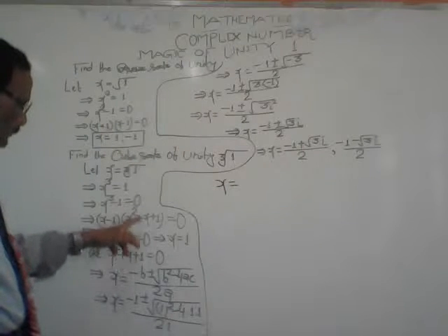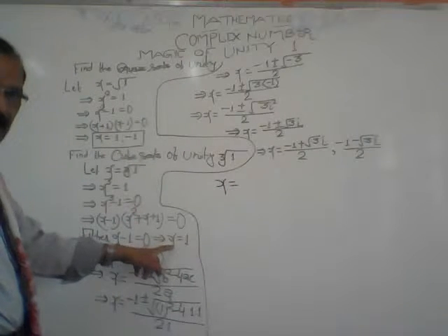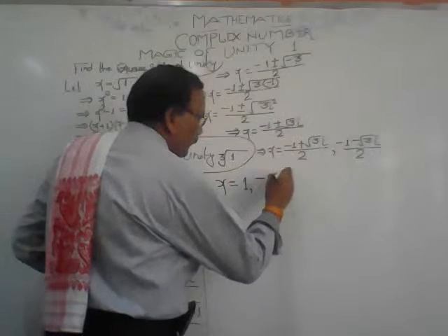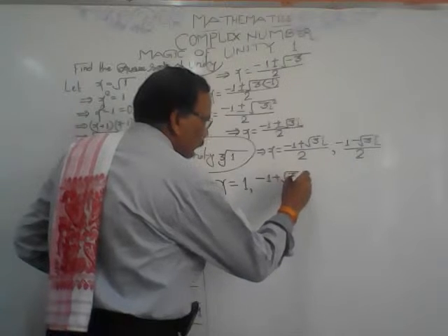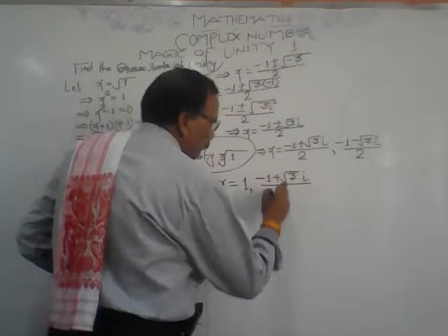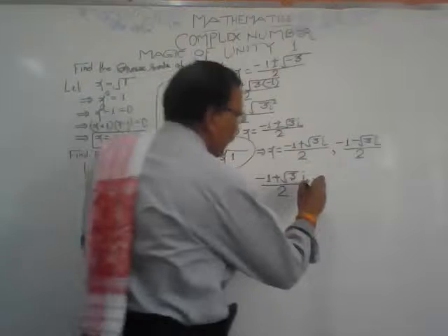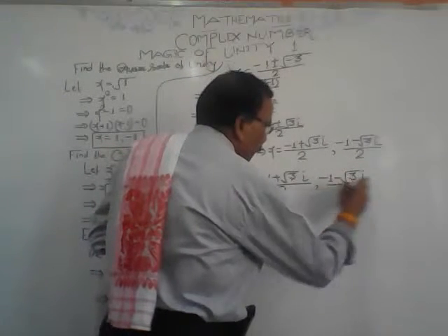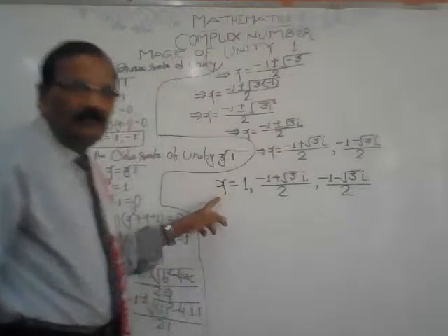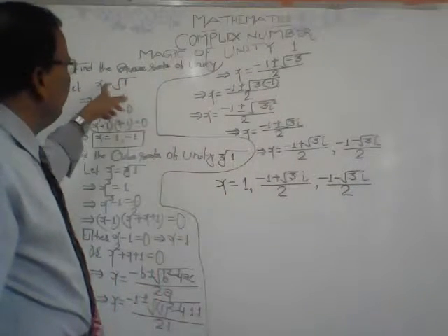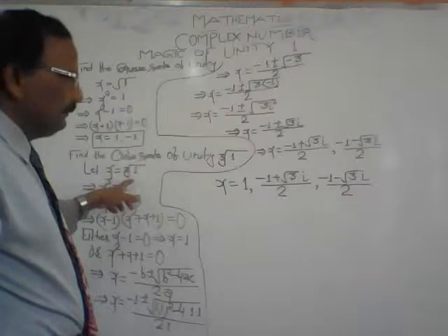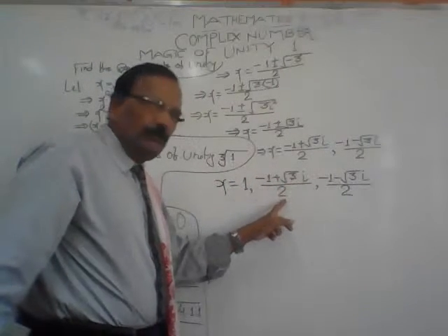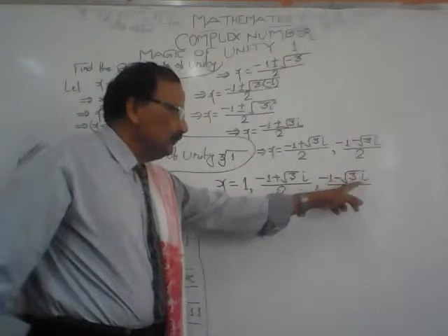The second is minus 1 plus root 3 i upon 2, and the third is minus 1 minus root 3 i upon 2. These are the cube roots of unity: 1, minus 1 plus root 3 i upon 2, and minus 1 minus root 3 i upon 2.